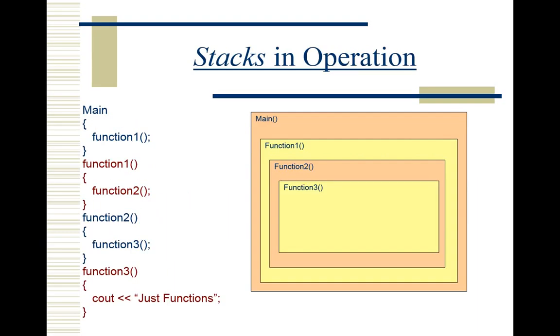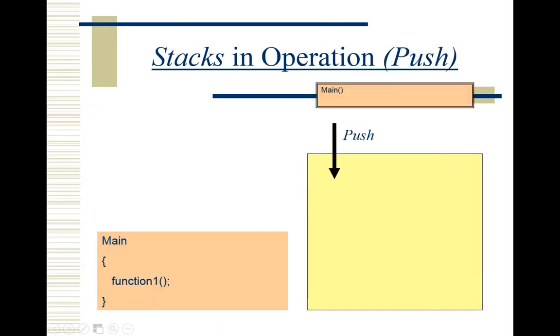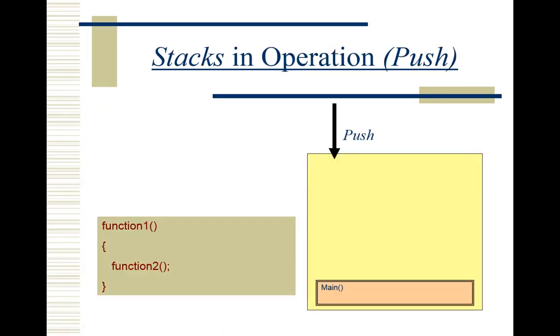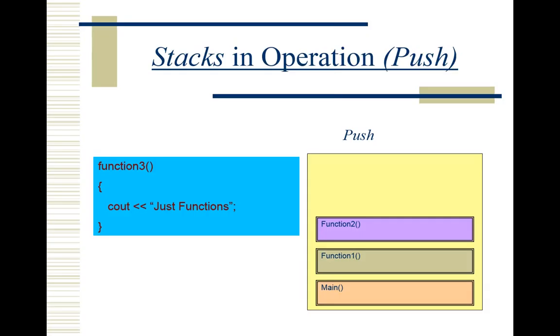If we take a look at this number of functions here, we have the main function, then a number of other functions that have been called from within it. We really cannot access the main function until the other functions have been popped out. Whenever you call a function, you push it onto the stack, and they all stack on top of each other.